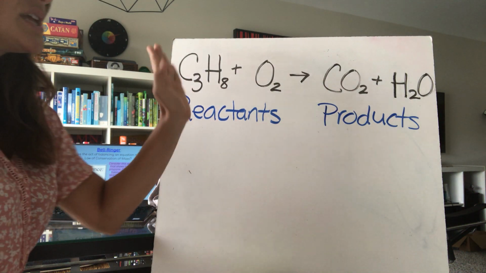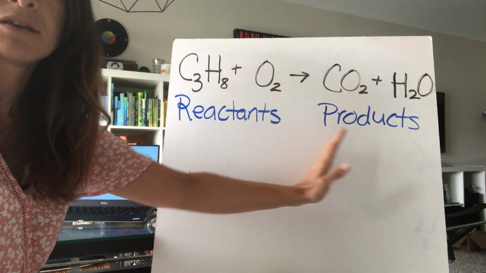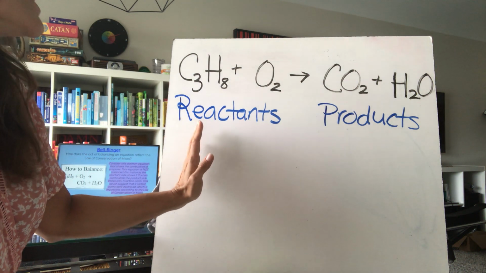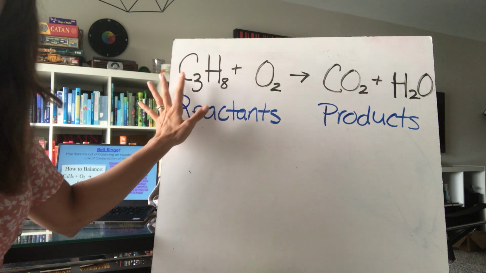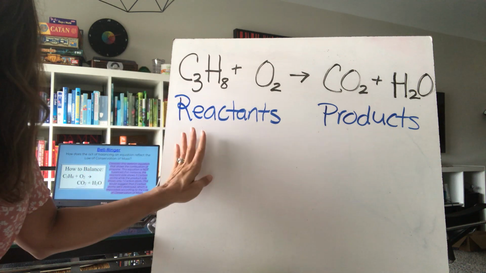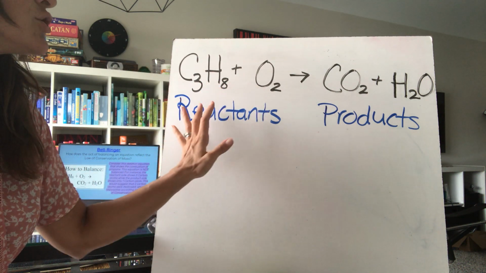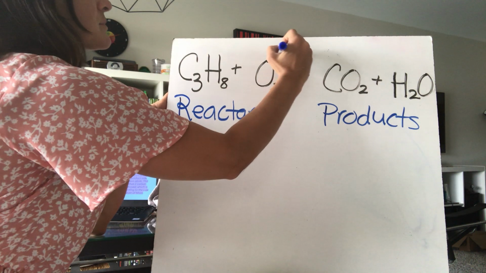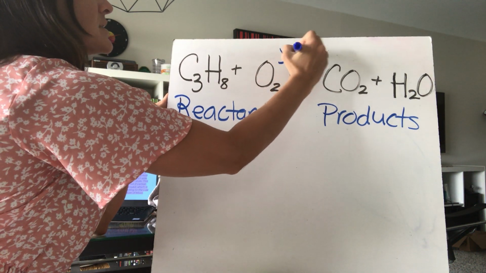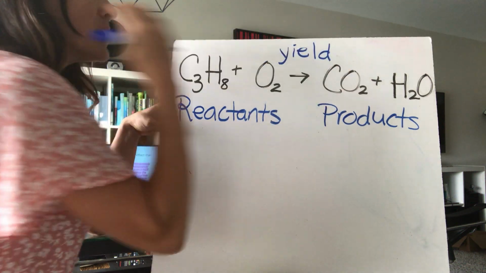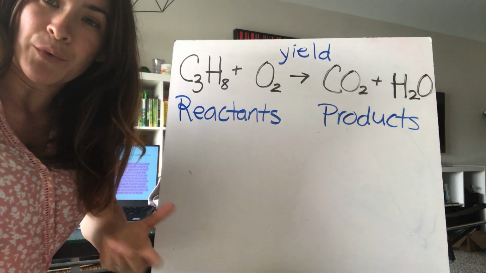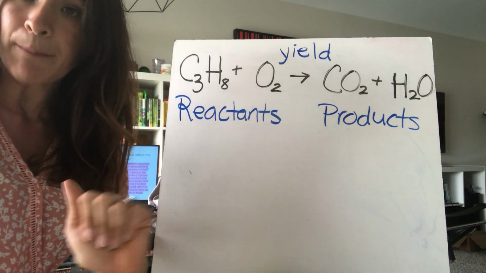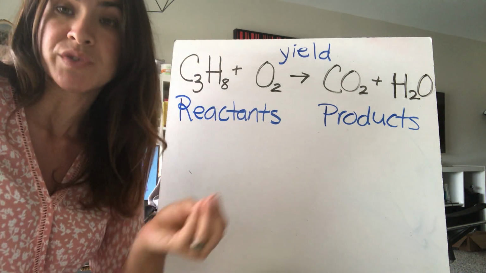Reactants convert into products. Reactants are always going to be on the left side of an equation. They are always the substances that you start with. This sign here is called a yield sign. Not yield in the sense of like when we're driving, not yield like stop. Yield as in producing.